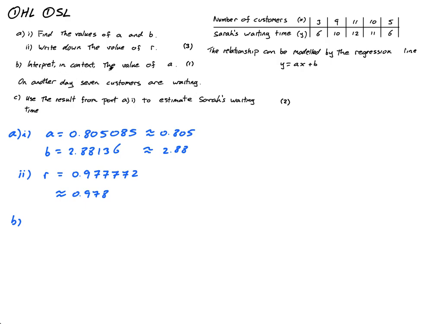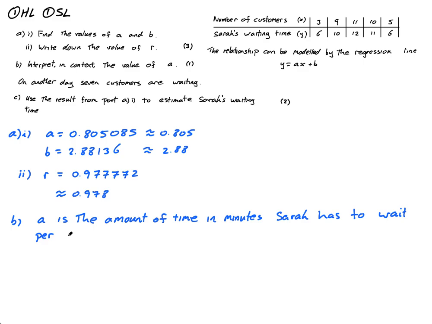When they say in context, they mean a is the amount of time in minutes Sarah has to wait per person already waiting, if that makes sense.